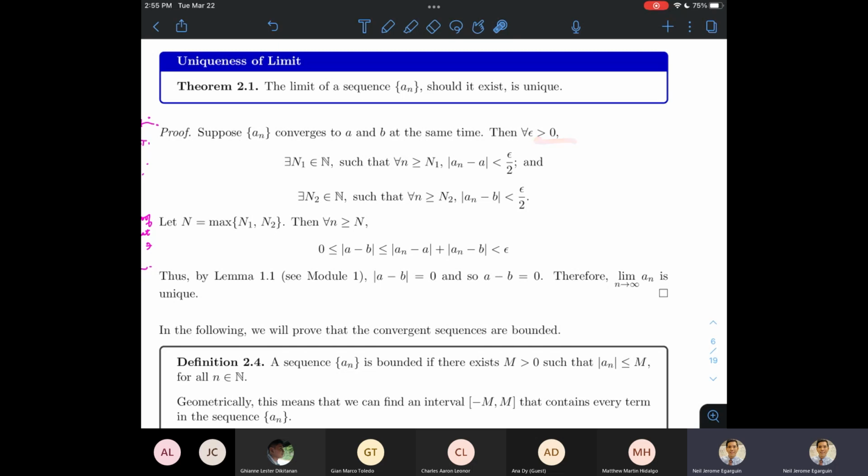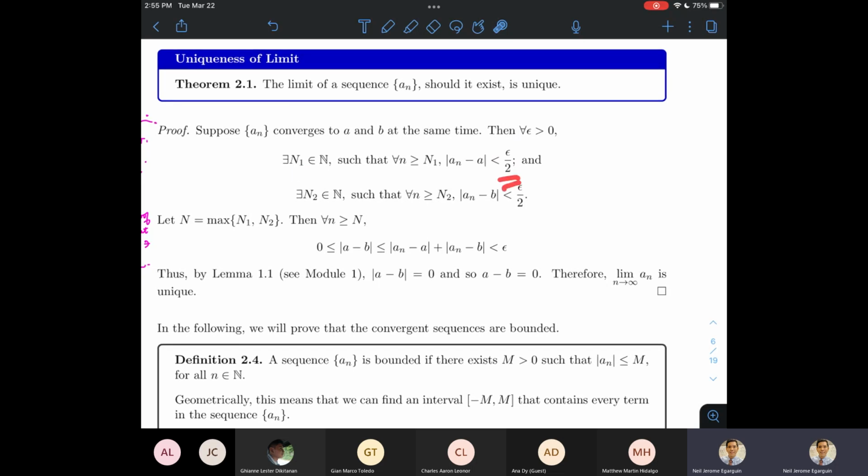Now, our assumption is that epsilon is greater than 0, so that means epsilon over 2 is also greater than 0. Dahil totoo siya sa lahat ng positive number, yung definition ng limit, alright? Tapos si epsilon over 2 ay positive din. So syempre, dapat may mahanap tayo na starting index capital N1 para kay epsilon over 2. All right? So I don't think that's a big issue there.